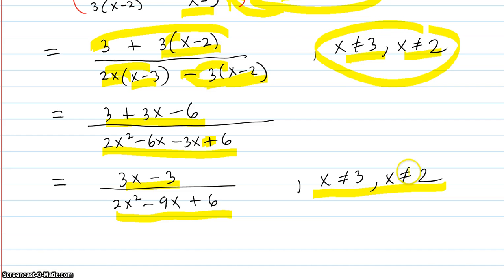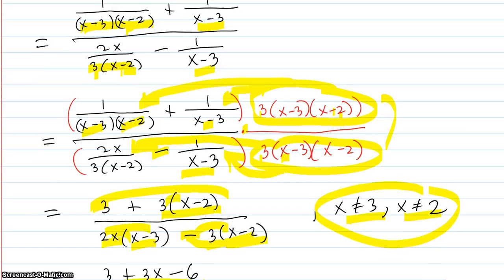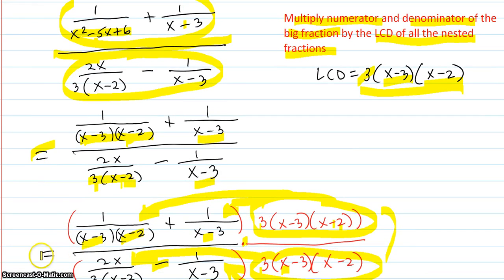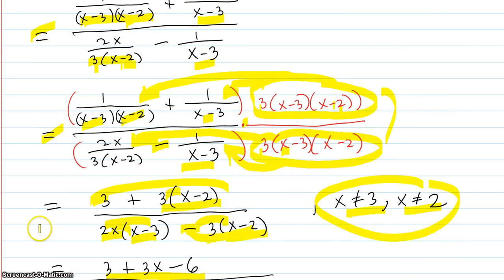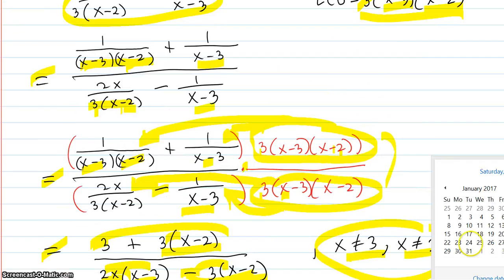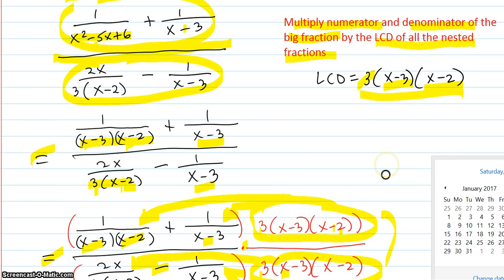Again, the reason why you put those restrictions is that you have a chain of equal signs. Here, here, here, here, here. But there's something wrong there because I have to get rid of this thing here.